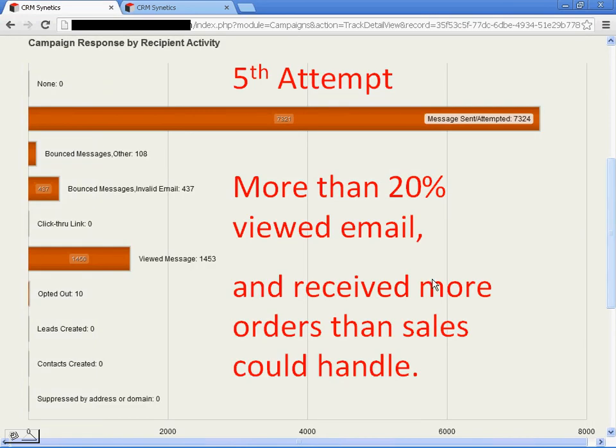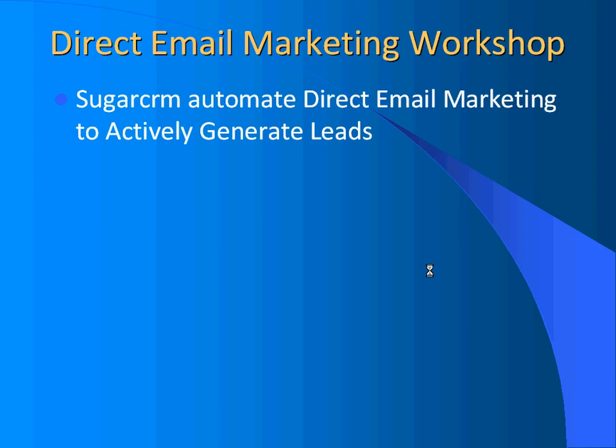When you come for our direct email marketing workshop, the main thing is we teach you how to use Sugar CRM to automate your direct email marketing activity, to actively generate leads. You don't have to sit and wait for people to land on your website.